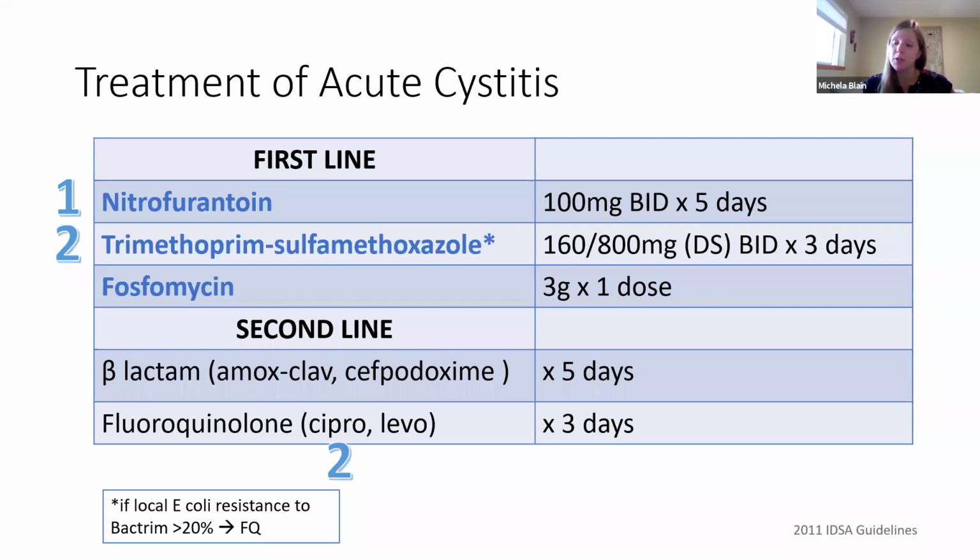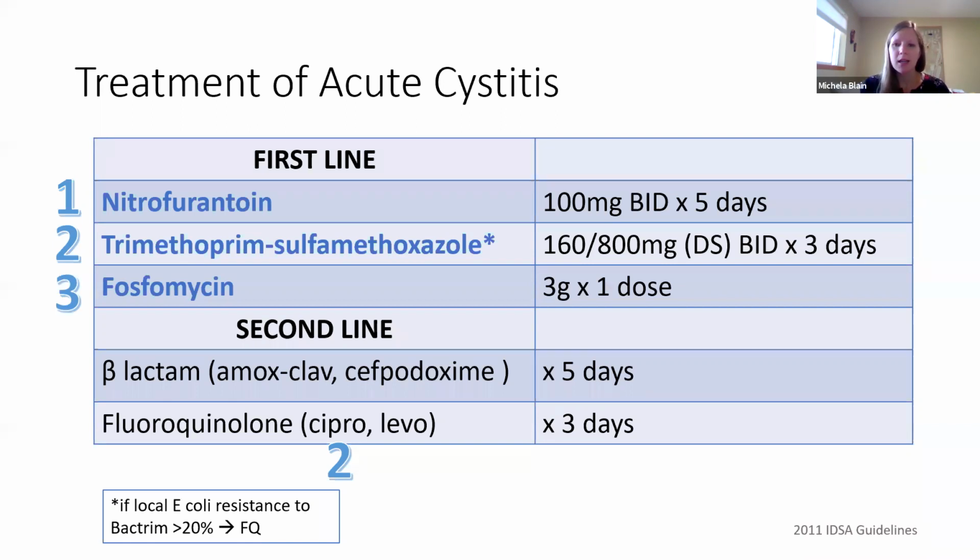But otherwise, I would use Bactrim when I can. The fluoroquinolones we also try to save for people who are having pyelonephritis and more systemic infections, because they get into the kidney as well. They're excellent agents at treating systemic infections. So we try to protect them and save them for that reason, and also the complicated side effect profile.